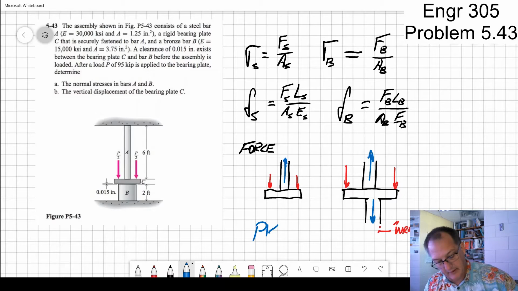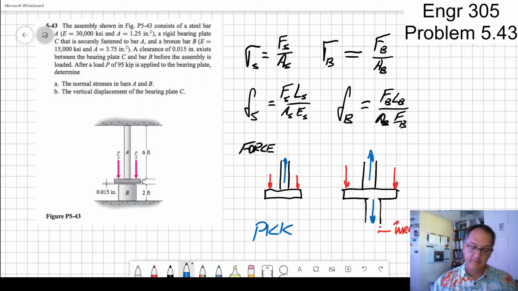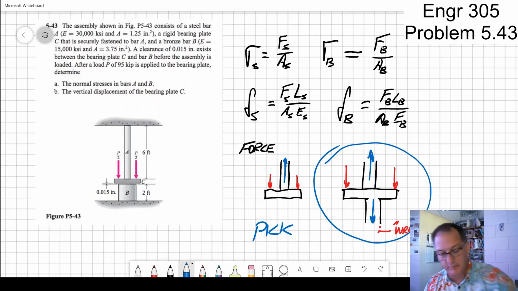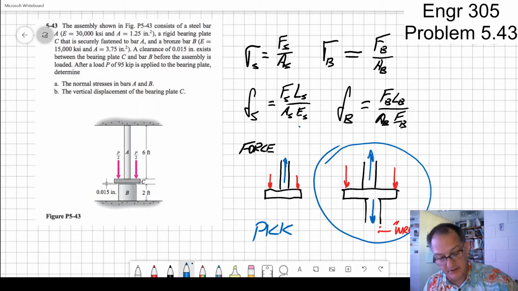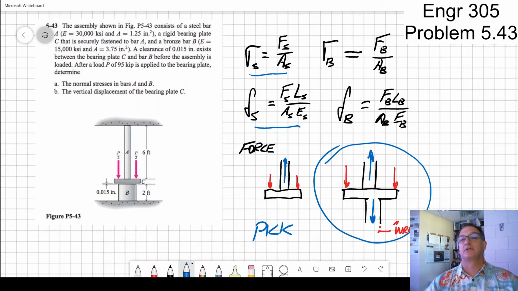I am going to pick this one, because if I find out that the math doesn't work out, that I can't solve it, it's because that is the wrong one. Then I can go right back up to this equation and say I know what the force is, I know what the stress is, because all the weight is going into the steel.